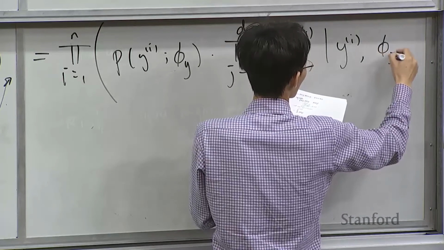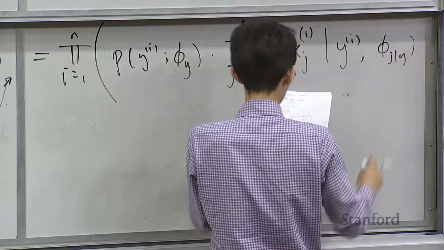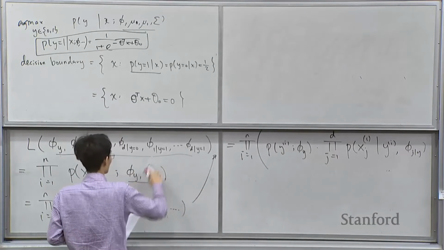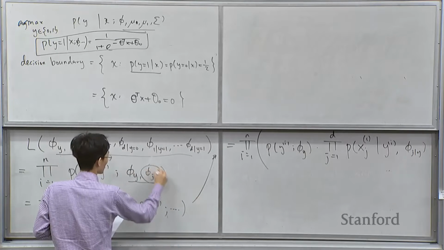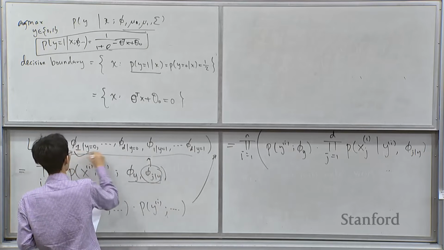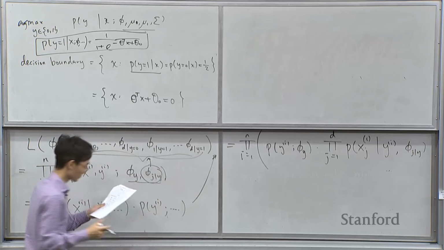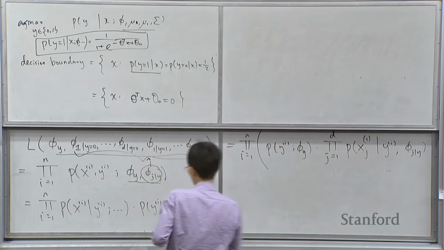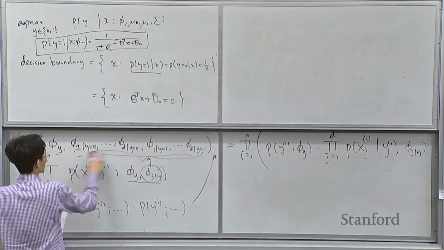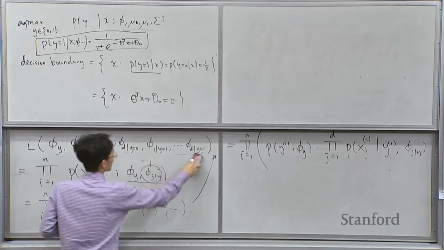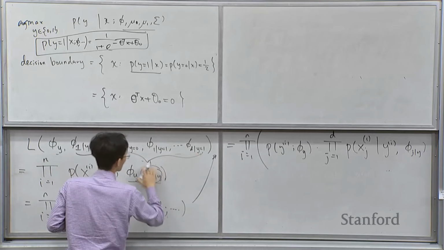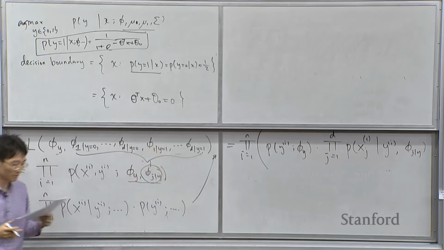phi j|y. Phi j|y just means a shorthand for this family of parameters. Sorry, this is a little bad notation. So phi j|y just means a shorthand for this collection of parameters.